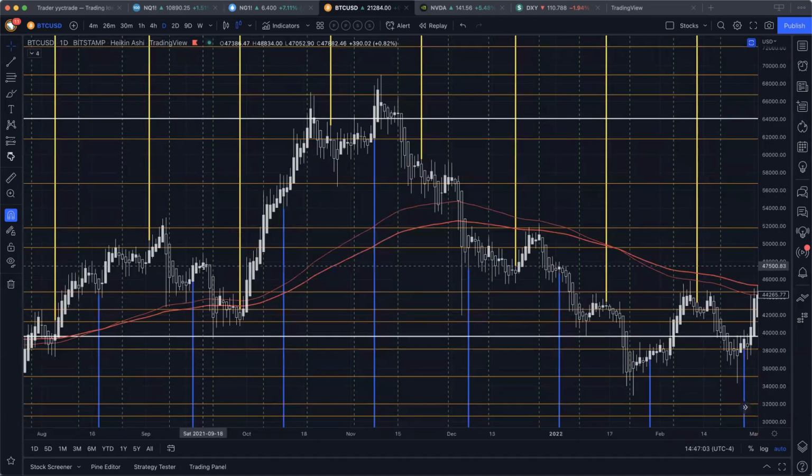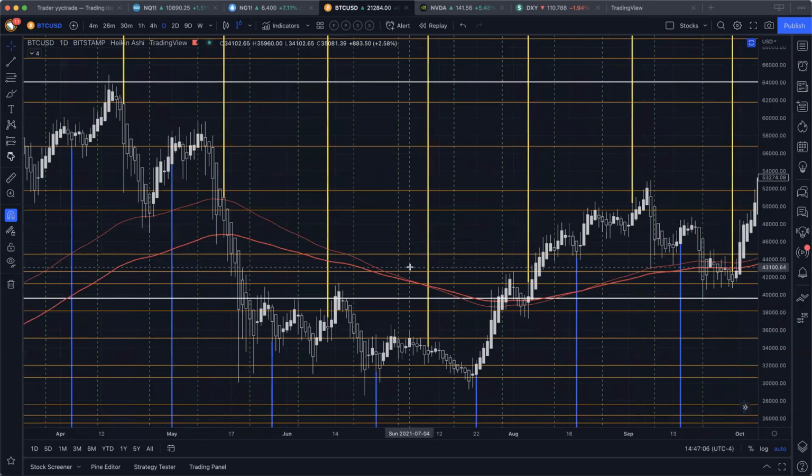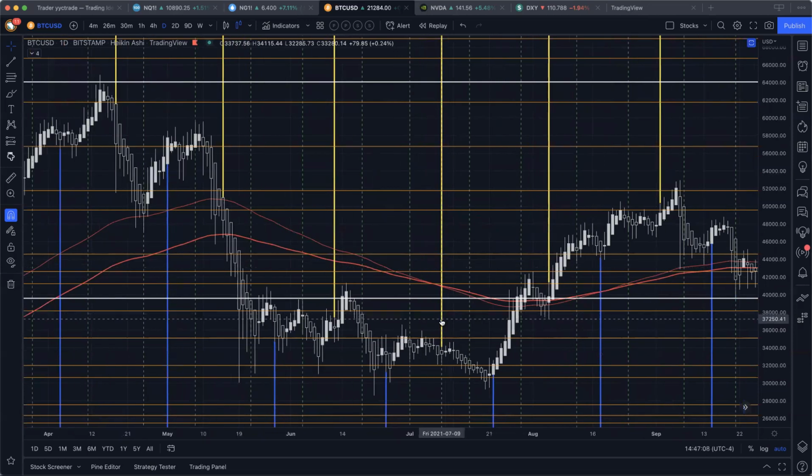One thing that has always stuck out in my mind in using these Gann waves is when you look at them on crypto, you can see the Gann wave blues here back in the summer of 2021. And I remember this very vividly. It was just a grinding sideways consolidation until we tagged a Gann wave blue on July 22nd.